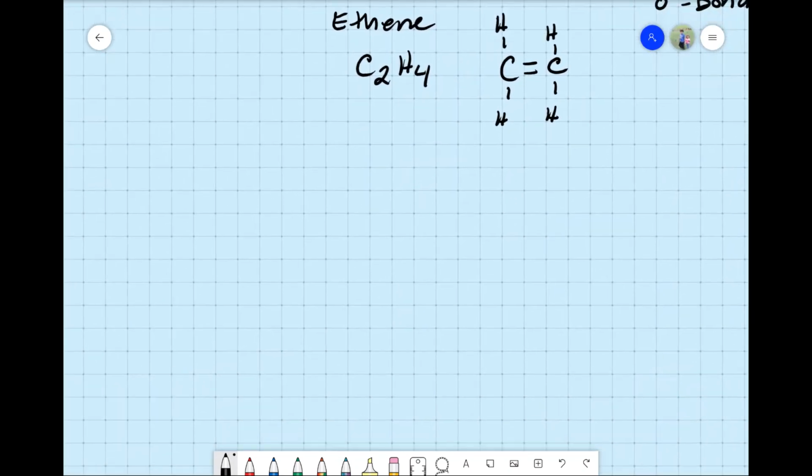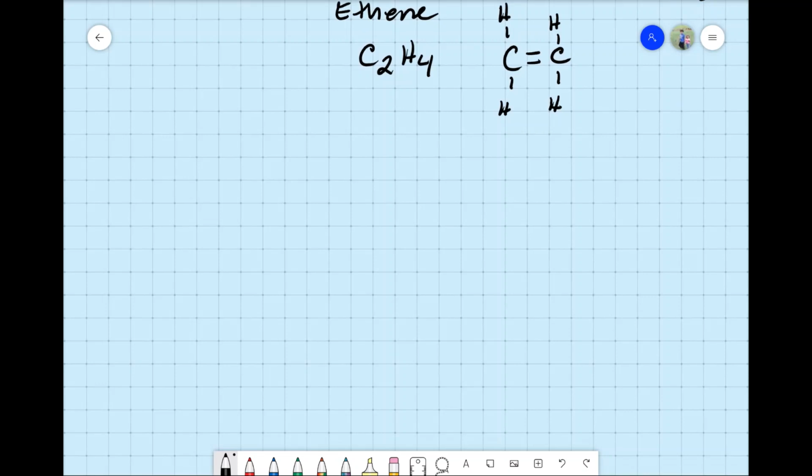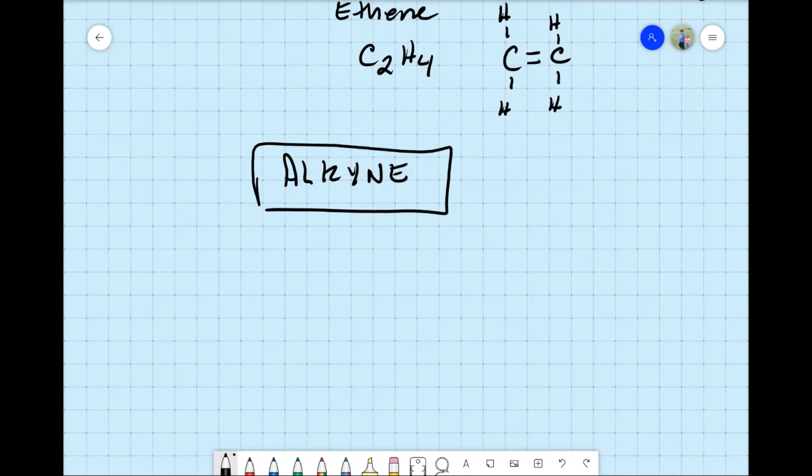The third hydrocarbon we're going to talk about is an alkyne. An alkyne. And ethyne is an example. And ethyne, that's interesting. So we only have one hydrogen for each carbon.